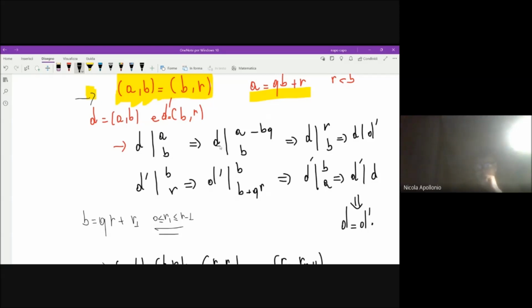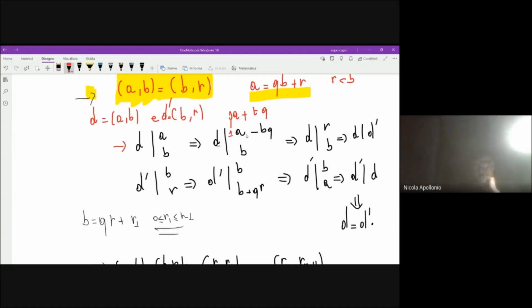So in particular, it divides A minus BQ. So this is a linear integer combination of A and B, where it is written in this way.